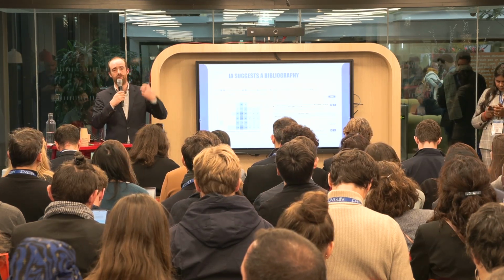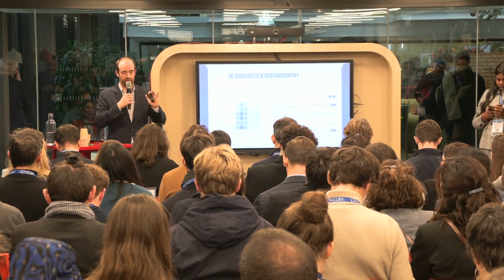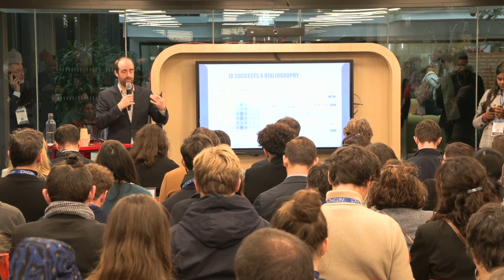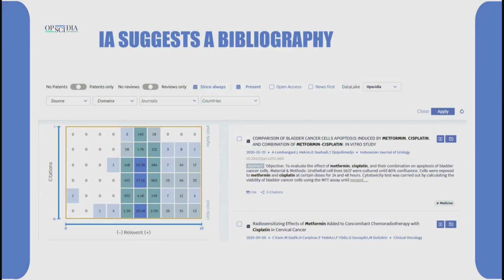First, the user gives their query, and we interpret this query with AI. And then we look for a very wide amount of scientific information related to their query. So we are sure that information, if it exists, will be in our dataset.